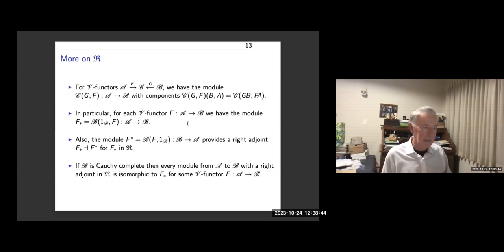So this is really saying that every Cauchy module is a convergent module. And in that case, that's what it means for B to be Cauchy complete. And in the additive case, it means that you have idempotent splitting and direct sums, finite direct sums. So that's what it means to be Cauchy complete, a bit more concretely.